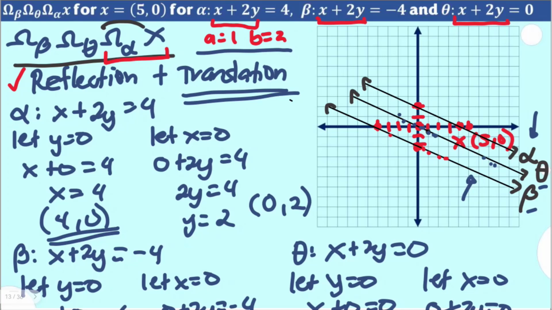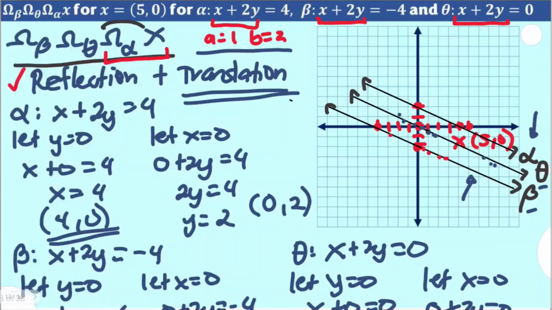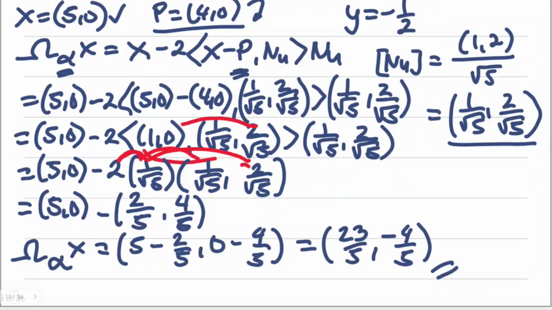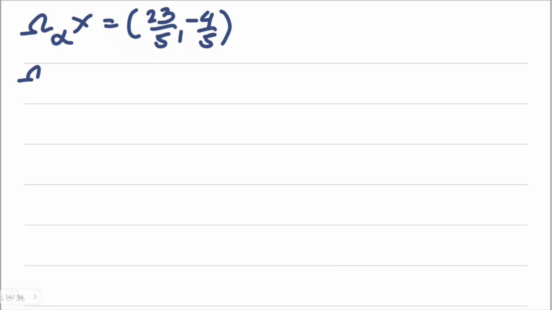So I'll be using another page here. If I'm correct to remember, the reflection of x along alpha is actually 23/5 and minus 4/5. Allow me to check if it's correct. Okay, and then take note that what we're trying to solve for is this form.